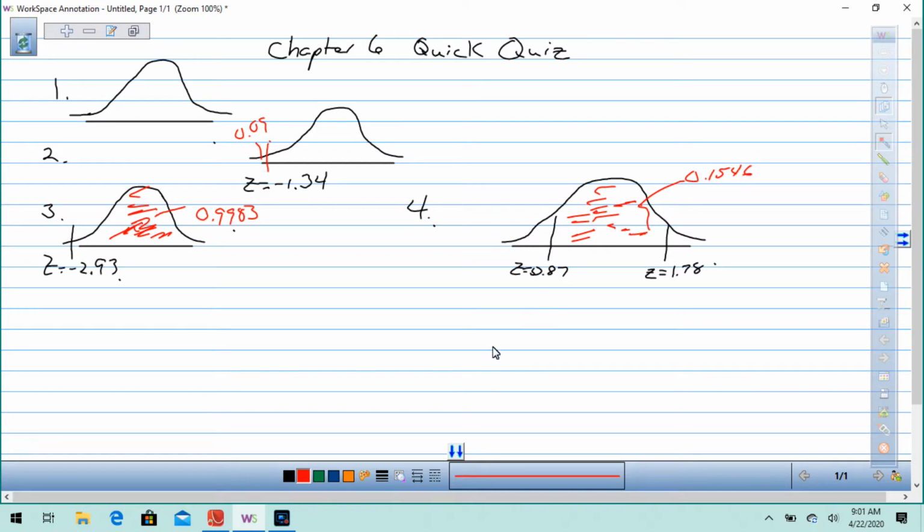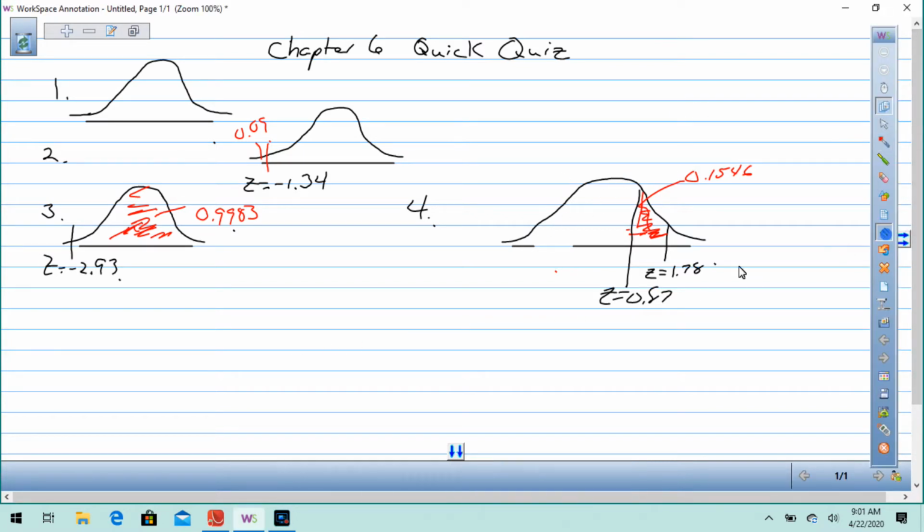And I got this number here over, this is positive, so it should have been over here. Let me fix that. I don't know why I just drew it way over there. 1 would be right here, so 1.78 would be about right in there. Z equals 0.87. So I was actually only looking for this area in here, which is why it's so small.